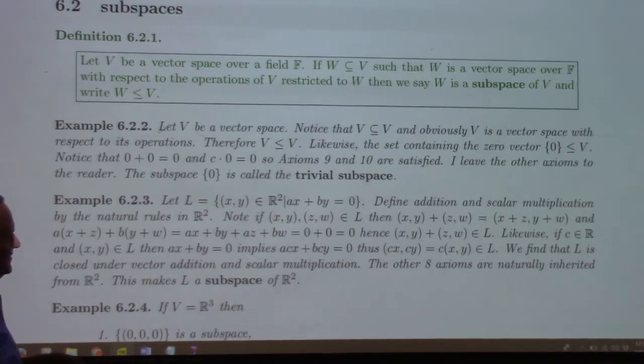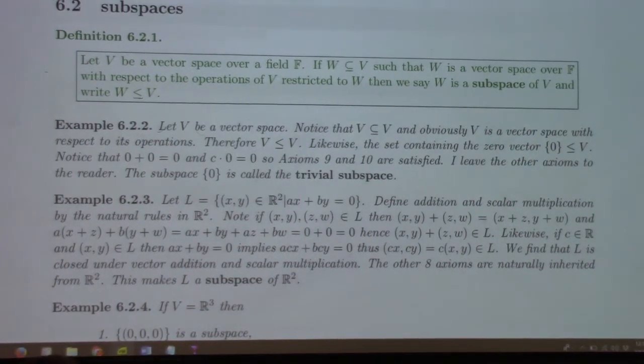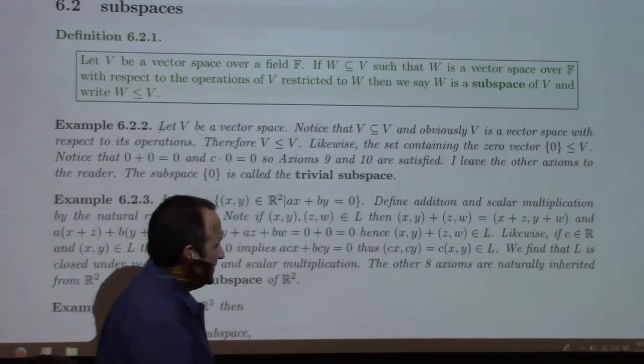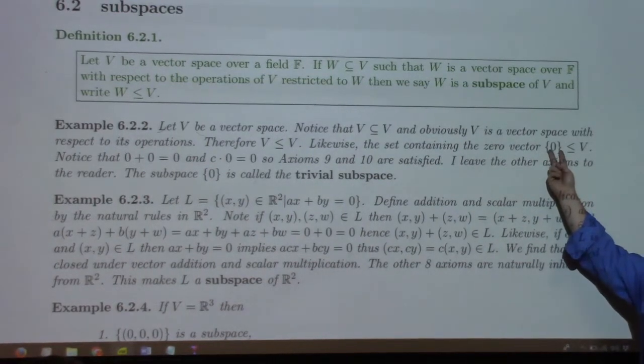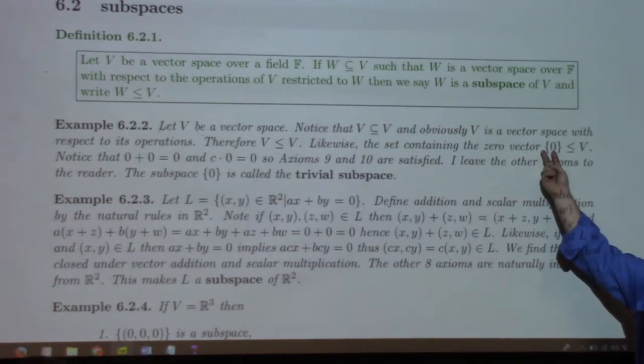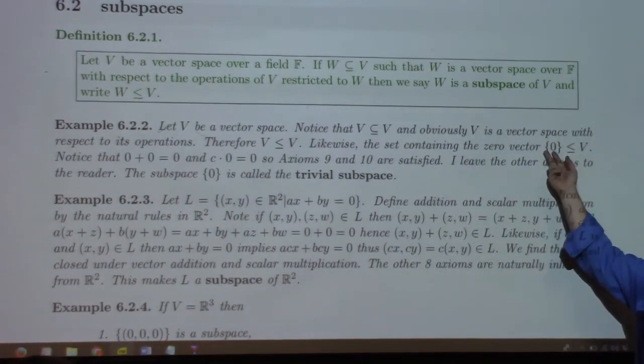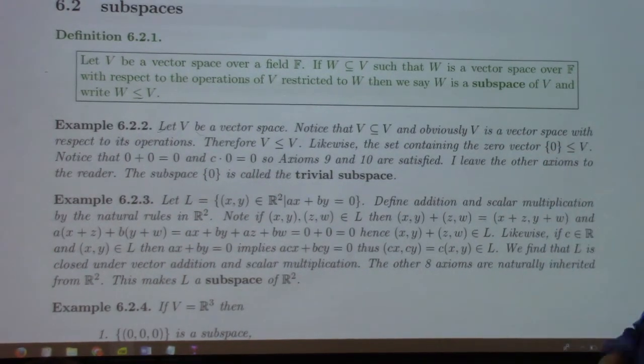Another less improper example, but equally trivial, although now in the technical sense, would be the set containing just 0. You can run through the axioms for a vector space. These are satisfied by the set containing just 0, which means 0 on its lonesome, the singleton set, is a vector space with respect to the vector space structure of V, which means that the set containing just 0 is a subspace of V.